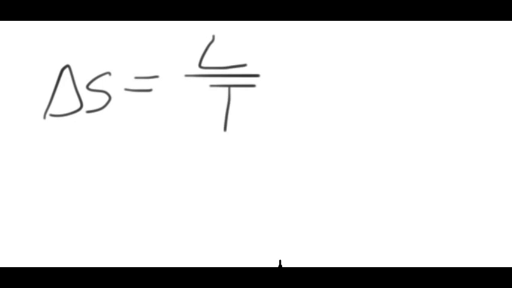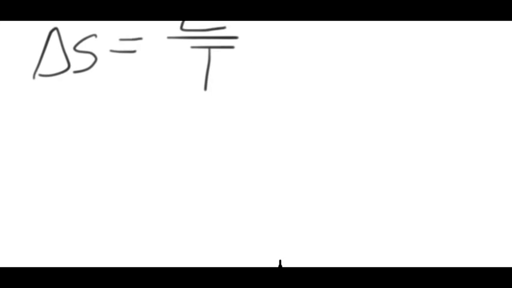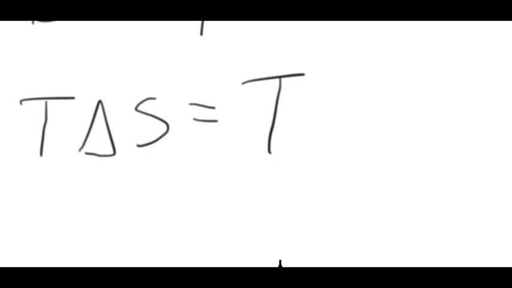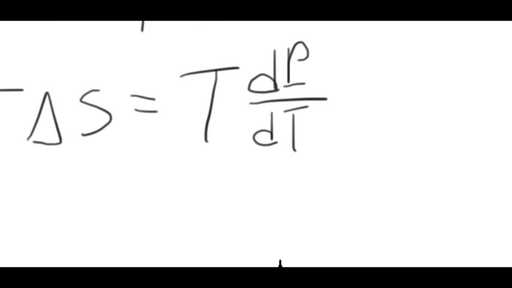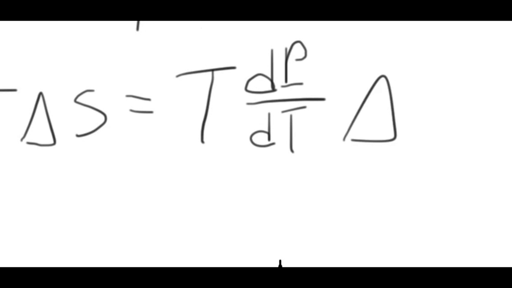Now let's go back to our T delta S, which equaled T times dP/dT times delta V. This is what we had originally. Let's just state that these are all at constant temperature instead of writing the parentheses. Then this is going to go there.